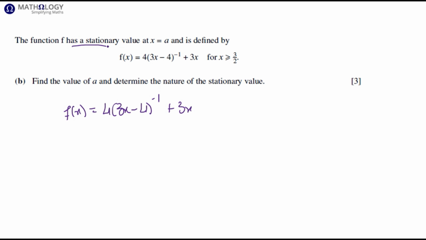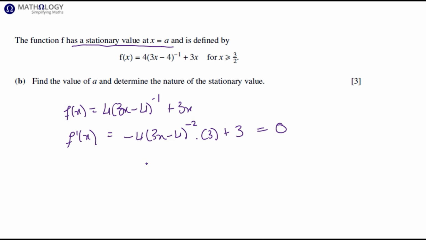F has a stationary value at x equals a, so we're going to differentiate this function and equate it to 0. So f prime x is minus 4 times (3x minus 4) to the minus 2 times 3 plus 3, and that will equal 0 for the stationary point. So we'll have minus 12 over (3x minus 4) all squared plus 3 equals 0.